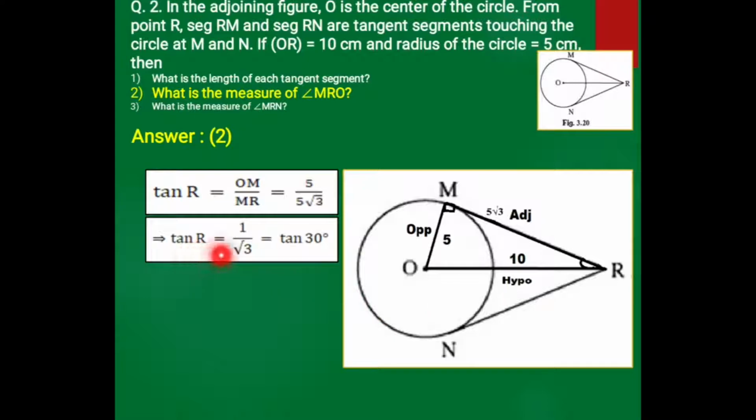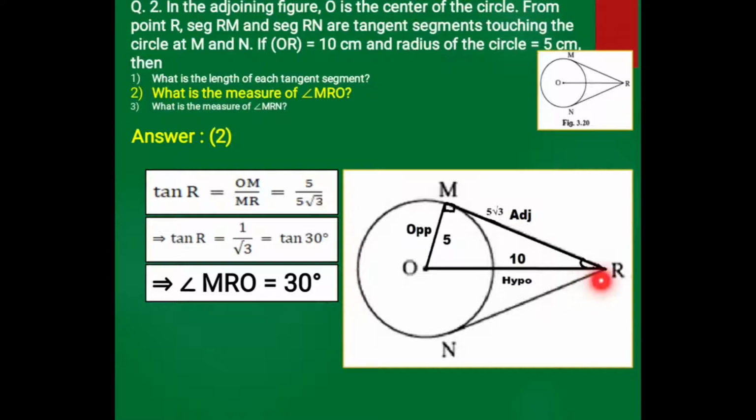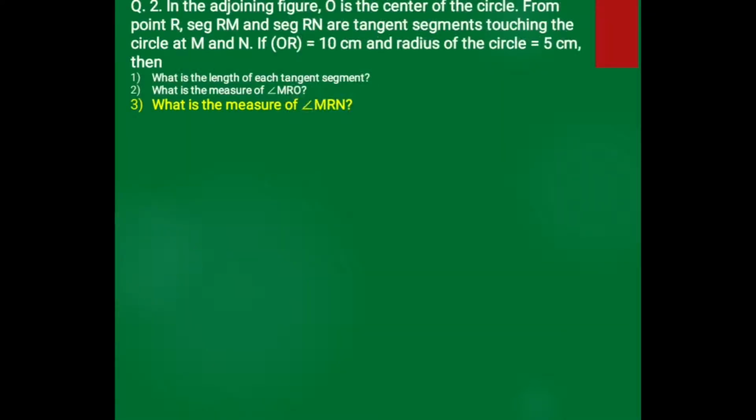We get tan R equals 1 by root 3. And we know that tan 30 is 1 by root 3. So R equals 30 degree. So using the tan ratio, we can find the angle at R, that is MRO.